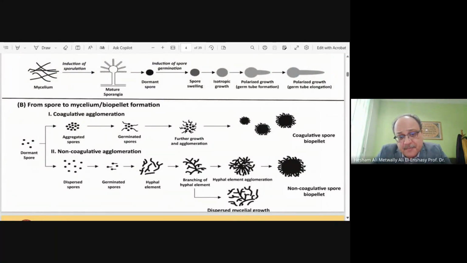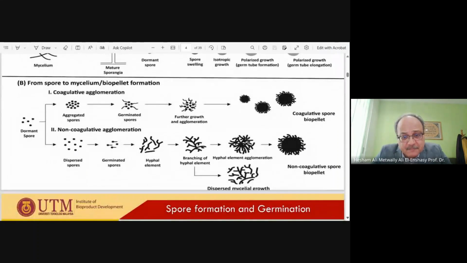They have these two options. But as I showed you, each growth morphology from the same microbe or the same strain can yield totally different metabolites.